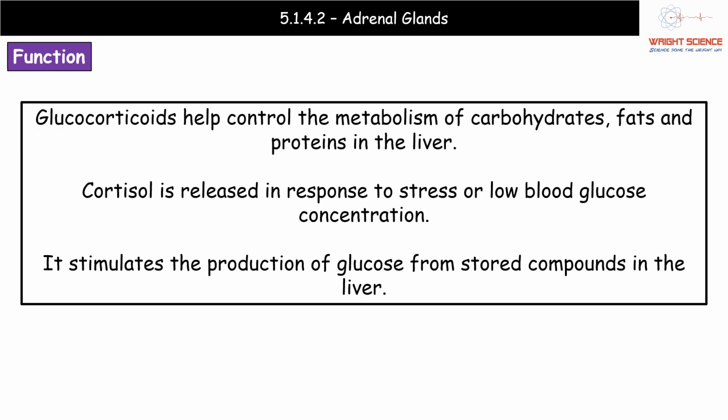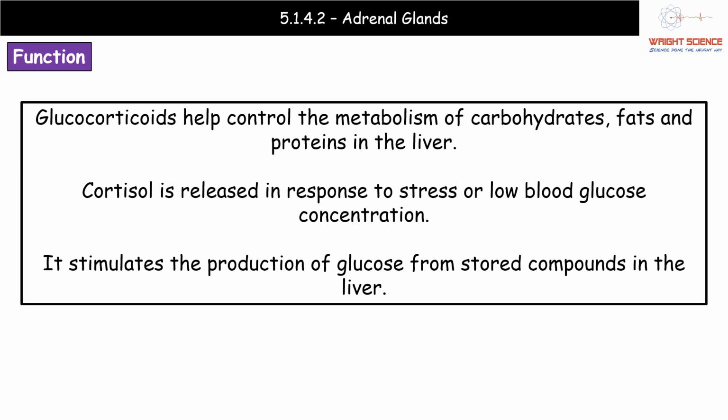The second example of a group of hormones that we are going to look at are the glucocorticoids. And remember, the glucocorticoids are the ones that are made still in the adrenal cortex, but in that layer called the zona fasciculata. Now, glucocorticoids are all to do with controlling the metabolism of carbohydrates, fats and proteins in the liver.